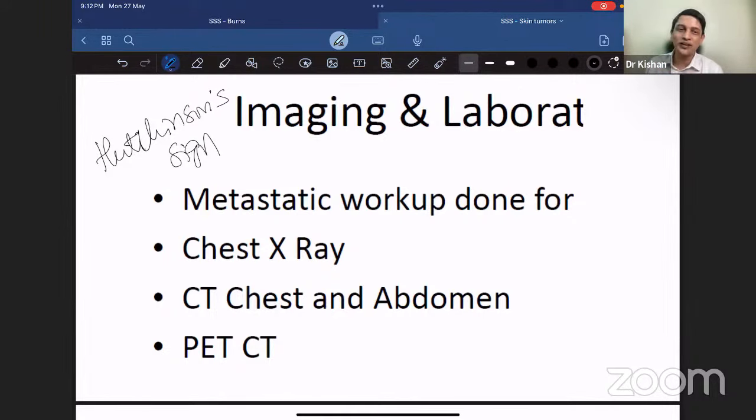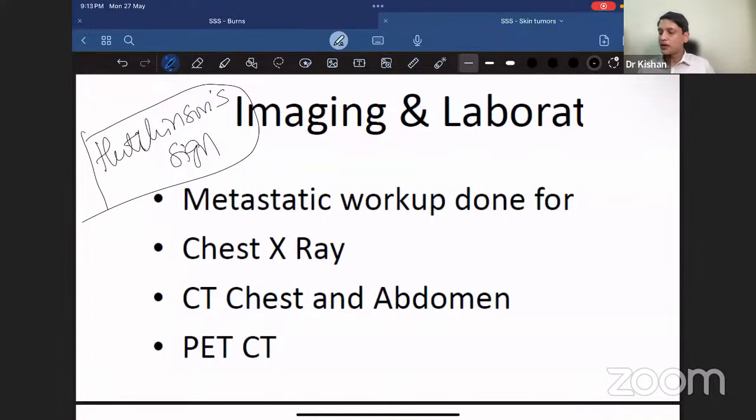Now tell me, please, Hutchinson's sign in malignant melanoma. That's a homework for you. You can message me or post in the group, or text me individually. I'll definitely appreciate it if you answer me and teach me better.